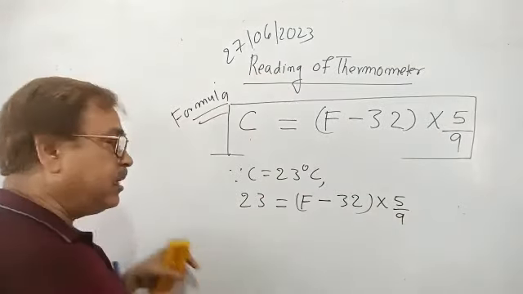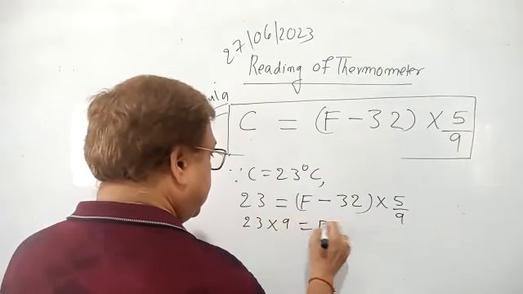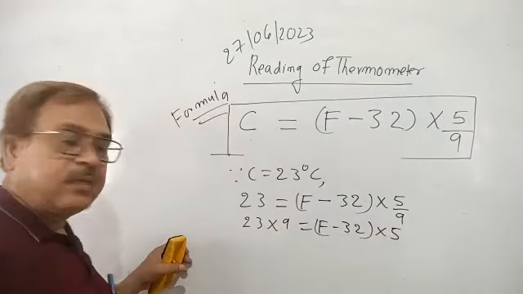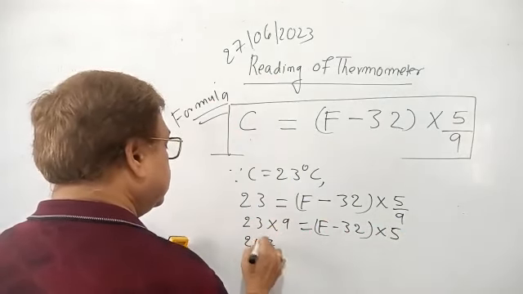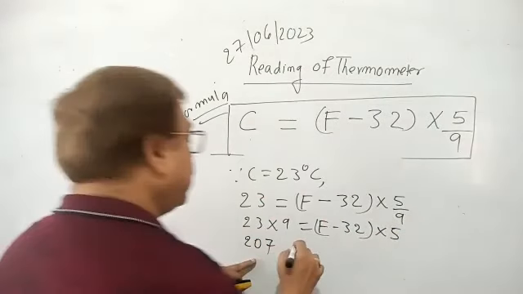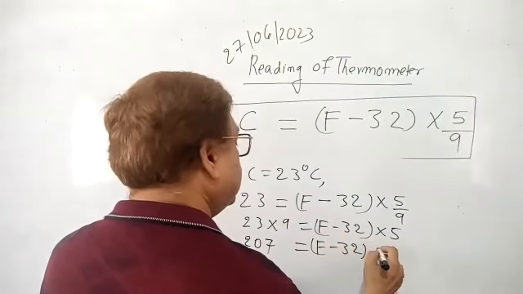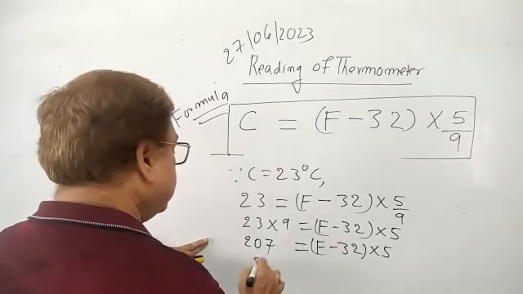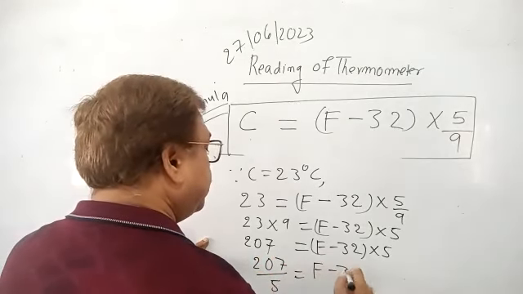So 23 multiplied by 9 will be equal to (F minus 32) multiplied by 5. 207 is the value, equal to (F minus 32) into 5. 207 divided by 5 is equal to F minus 32.